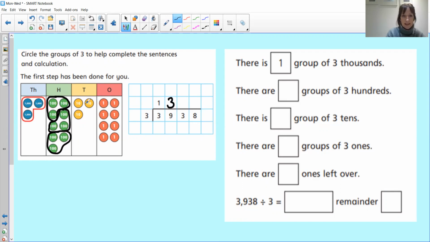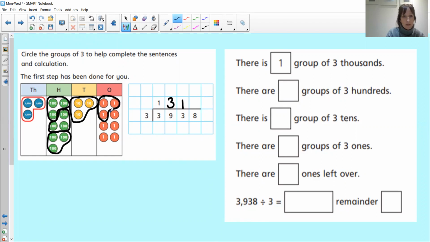Let's go on to my tens. So I've got 3 tens. How many groups of 3 can I make with 3? That's right. 1 group. So I put a 1 above the 3. And then I've got 8 ones. So let's see how many groups of 3 I can make with 8.